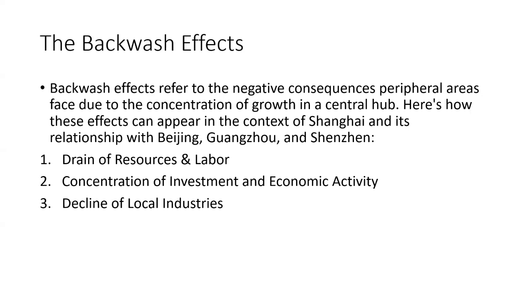For instance, a specialized manufacturing company in Guangzhou could struggle to compete with a larger, more technologically advanced rival in Shanghai. And there are loss of market share and dependence.